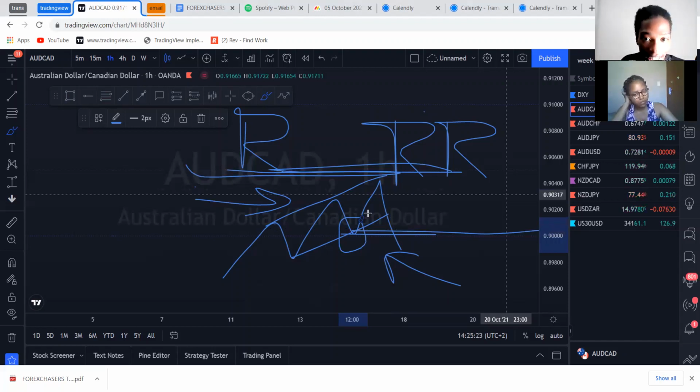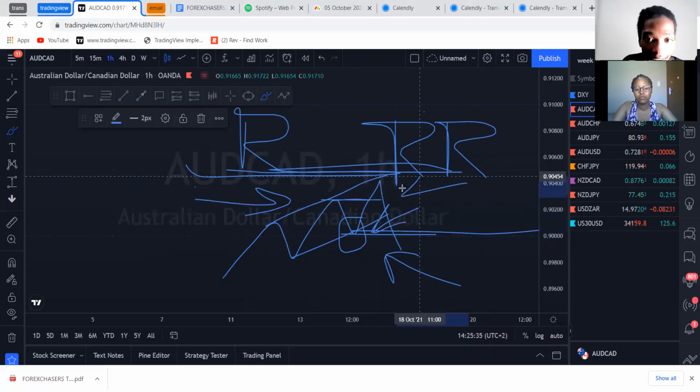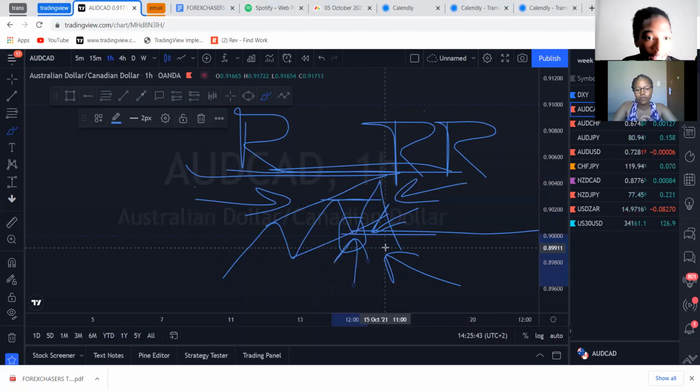And so if sellers are able to break support structures, it means that there are more sellers than the amount of buyers that saw value in this area. Whoever these new sellers are that came into the market, there's a lot more of them because they're able to overwhelm whichever buy orders are sitting at the support structure, and they're able to break support and push prices lower.